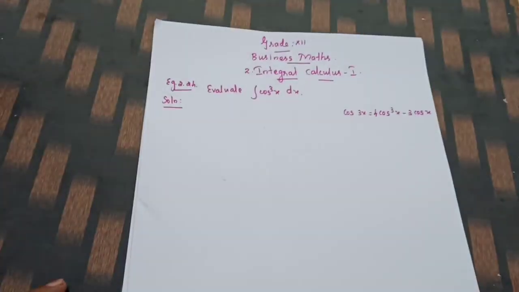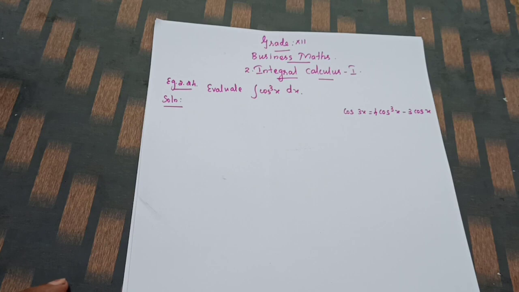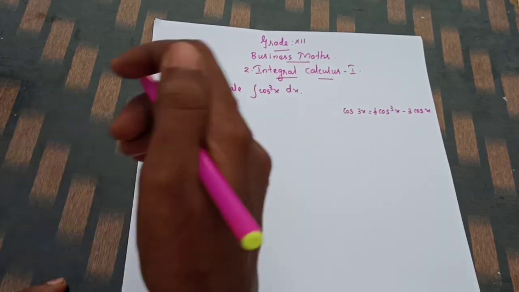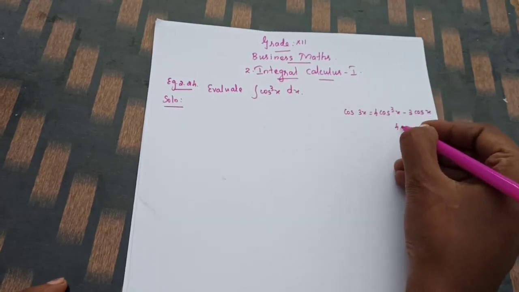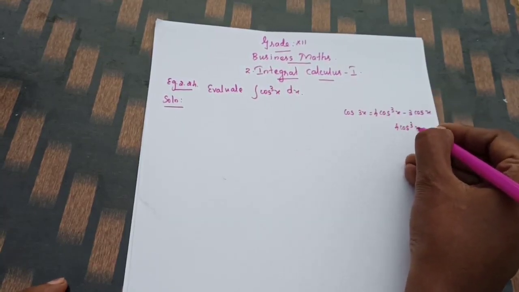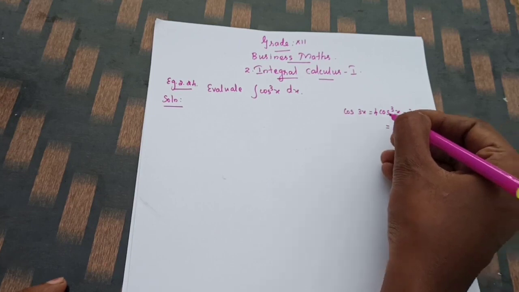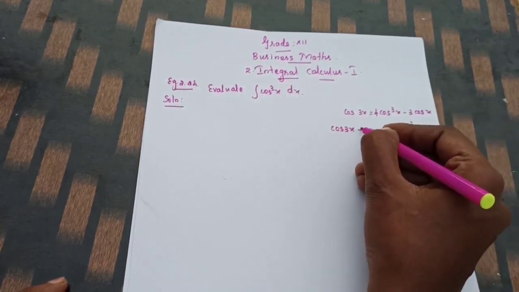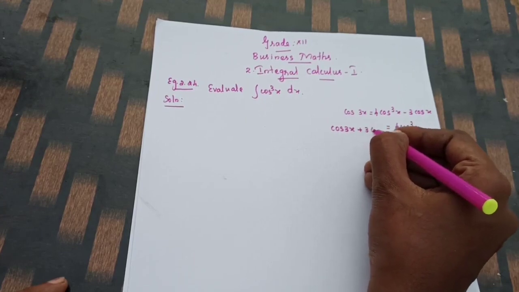You don't know the formula for cos cube x, but we know the formula for cos 3x. So I am keeping 4 cos cube x on this side and bringing the remaining terms to the other side: 4 cos cube x equals cos 3x plus 3 cos x.